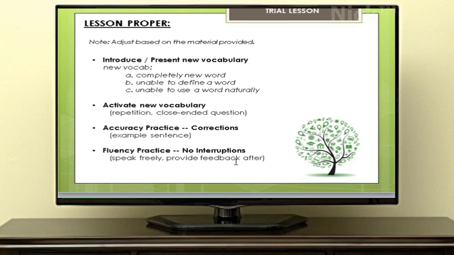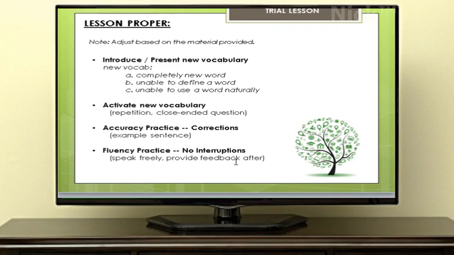First and foremost is for you to be able to introduce or present new vocabulary. Now, new vocabulary can be a completely new word. It can be a word wherein students are unable to define or express the meaning of it. And also words wherein students are unable to use it naturally.